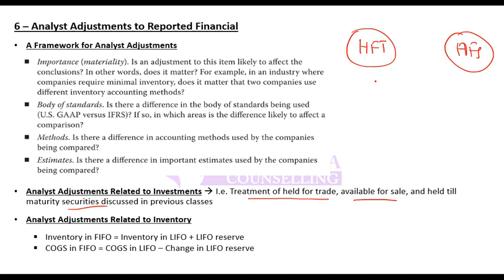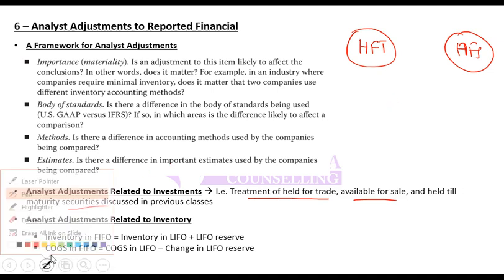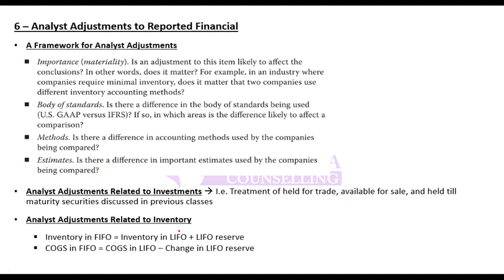Then you need to convert these two or bring both the financial statements onto the same page to be comparable. Or maybe you need to convert inventory in FIFO to inventory in LIFO, which you can do by adding LIFO reserve. Or maybe you need to convert COGS in LIFO to COGS in FIFO, which you can do by adjusting for change in LIFO reserve.